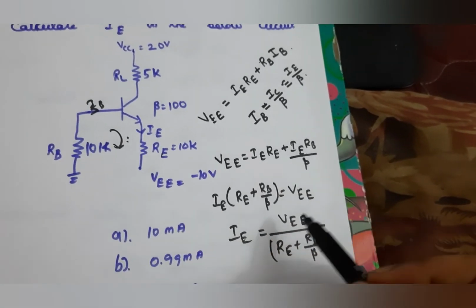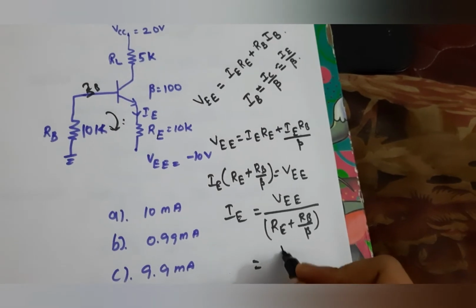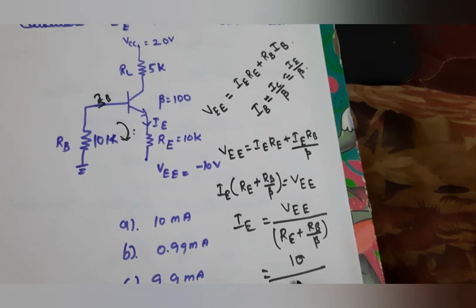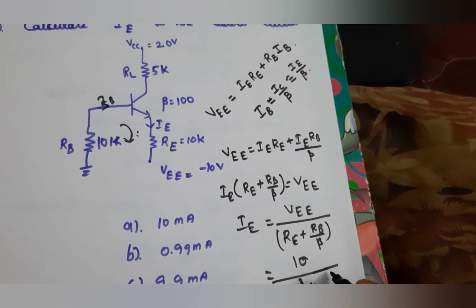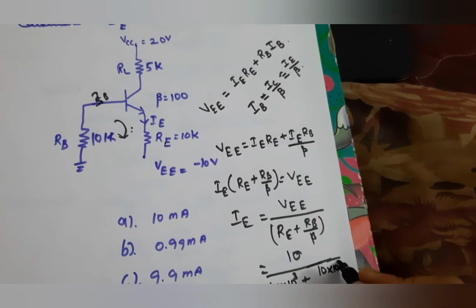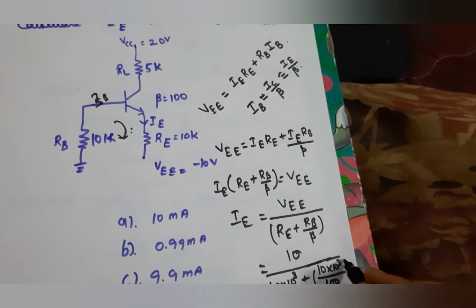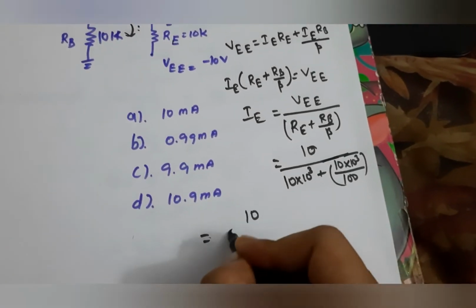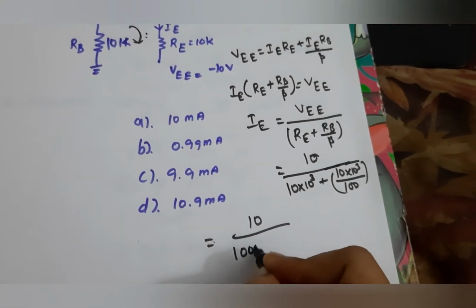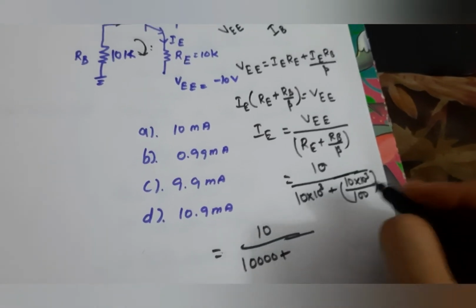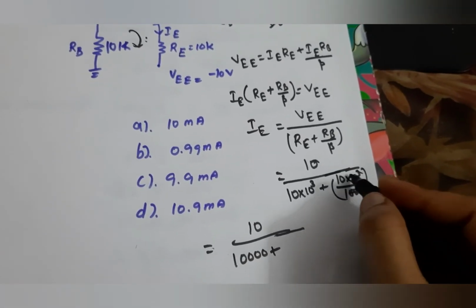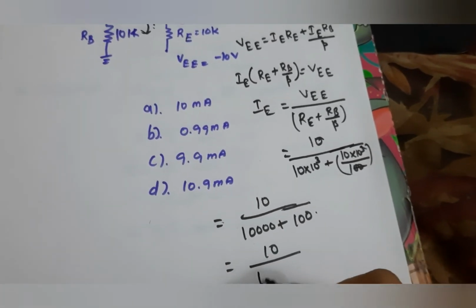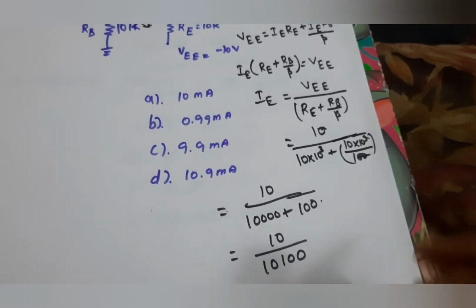And we know all the values now, so put all the values. VEE is 10, RE is 10k, that is 10 to the power 3, plus RB is 10k, so 10 into 10 to the power 3 divided by beta, which is 100. So this becomes 10 divided by 10 into 10 to the power 3 plus 100 into 10 to the power 3 divided by 100, the two zeros are cancelled, so this becomes 100.